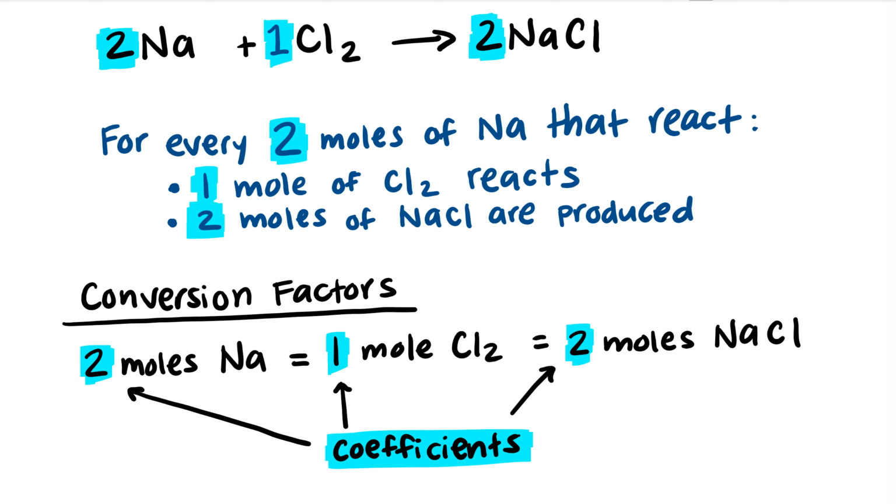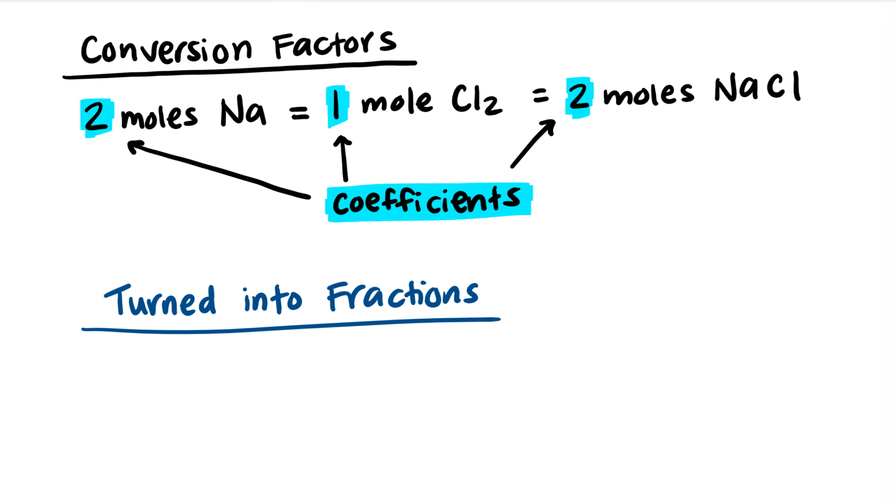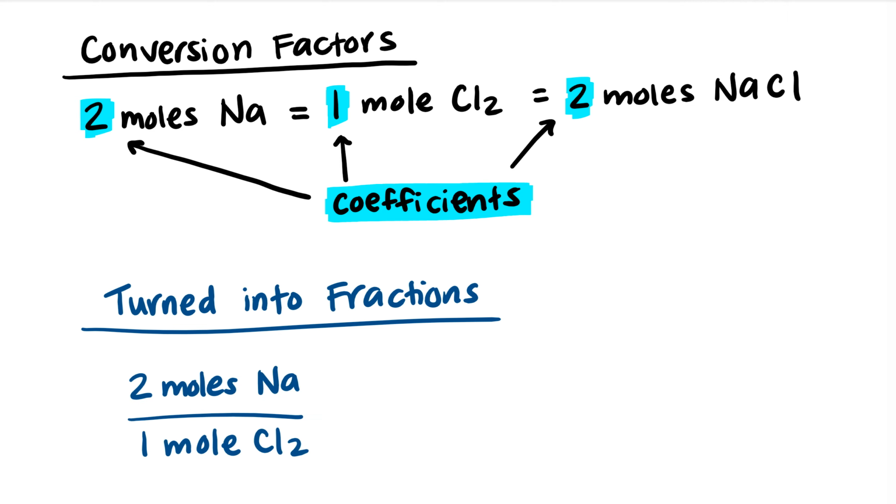Now remember, we can take conversion factors and rewrite them in fraction form when we start to do dimensional analysis. We can take one part of our conversion factor and put it over another part of our conversion factor. So I could say 2 moles of sodium over 1 mole of chlorine.